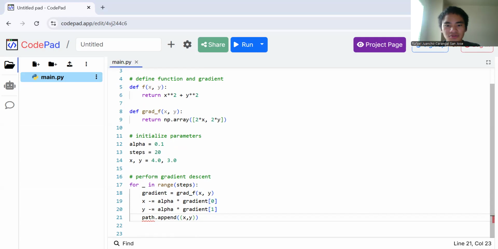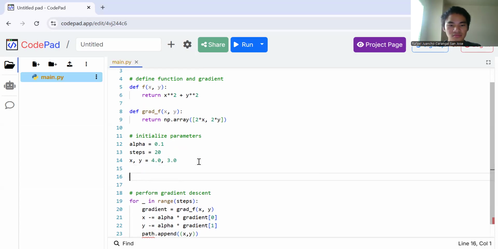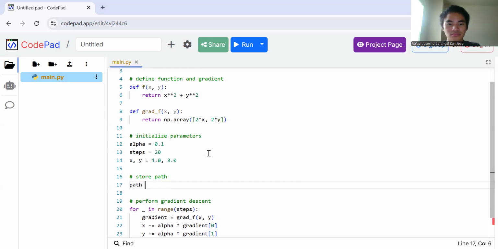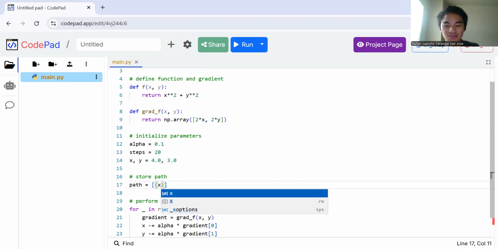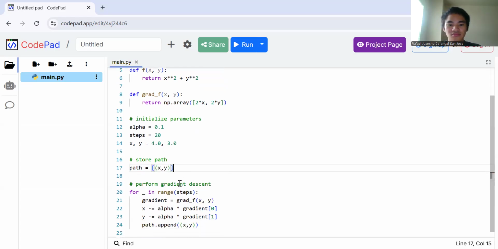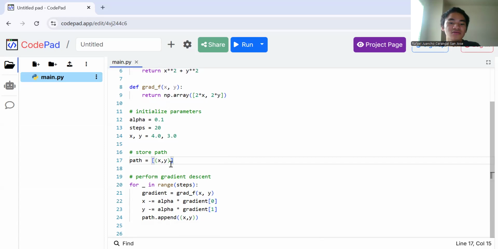Oh, so I want to store my path first before I. Yeah, let me store my path. This is where I just store all of my points. So here I can keep track of what the path is, right? X. Because I want to keep on doing it again and again. And yeah, I want to store it. Because I'm also planning to graph it.